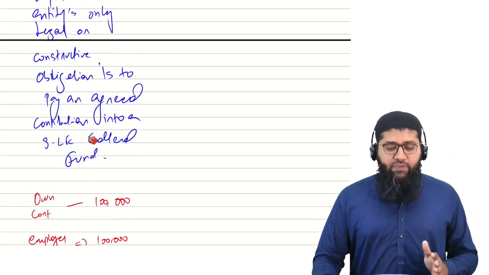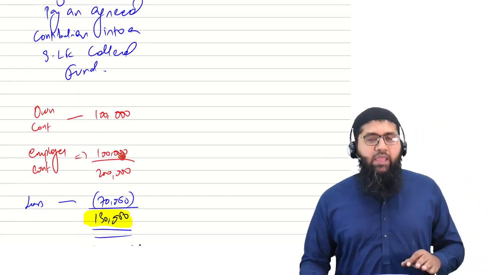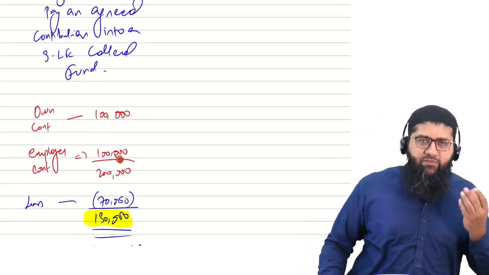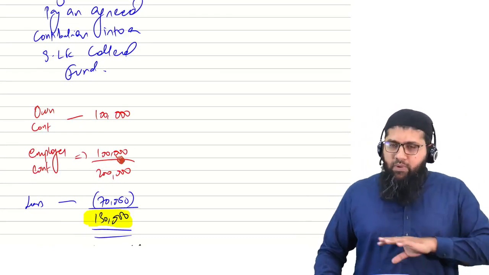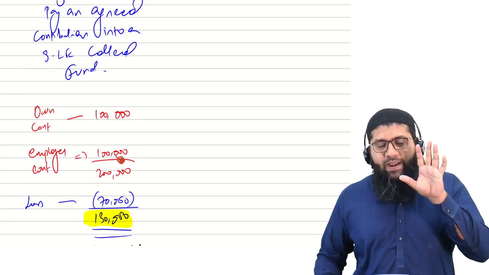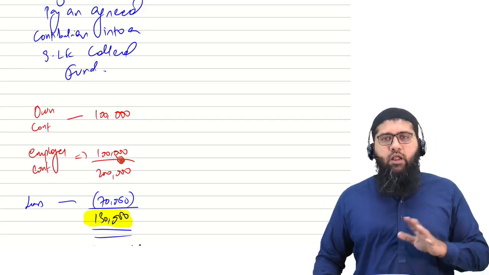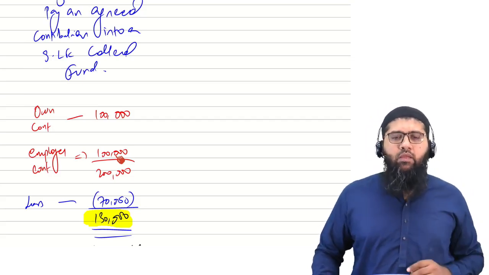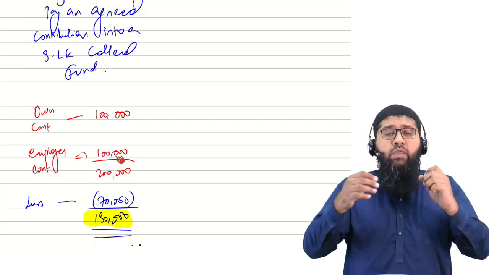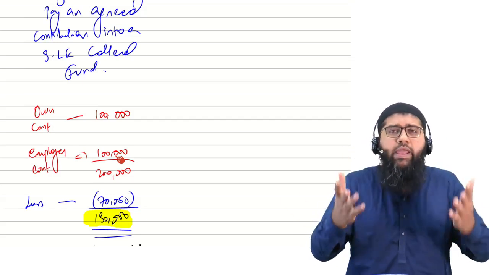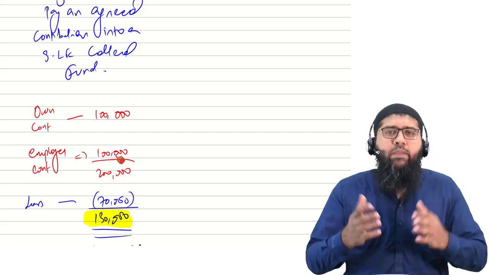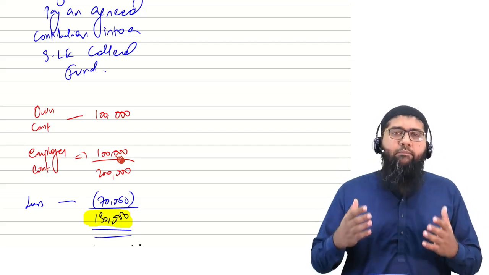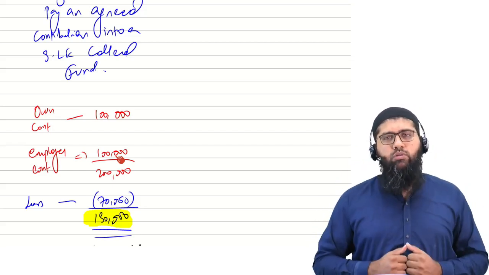Yes, if we would not have paid our part, let's say if we would have only paid 20, 25, 30,000 into the fund, we would have been liable to pay the balance. But in this case, when we have paid our money into the fund, we are not liable to pay a single penny. It's your loss. Had it been a gain, it would have been your gain. The trustees are yours. The fund is managed by people appointed by you.